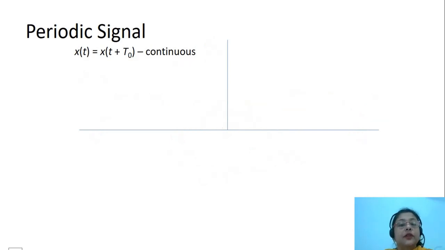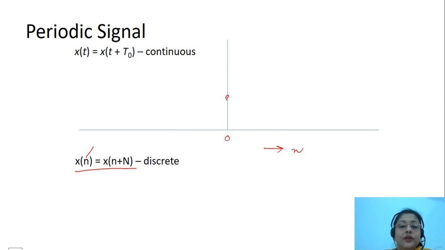Now this was for continuous. For discrete signal, we can write x(n) equal to x(n plus N), where N is the sampling instant. So number of samples we are taking. So a discrete signal is represented like this. So the sample values will be taken like this.